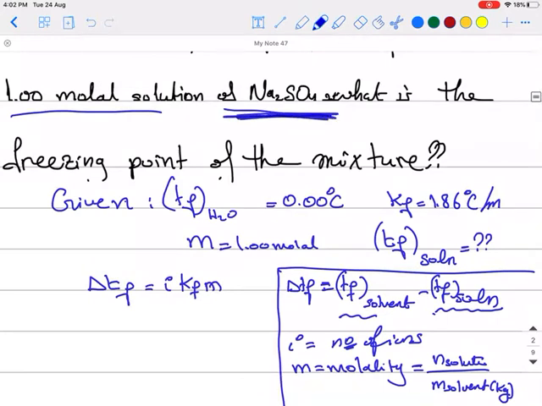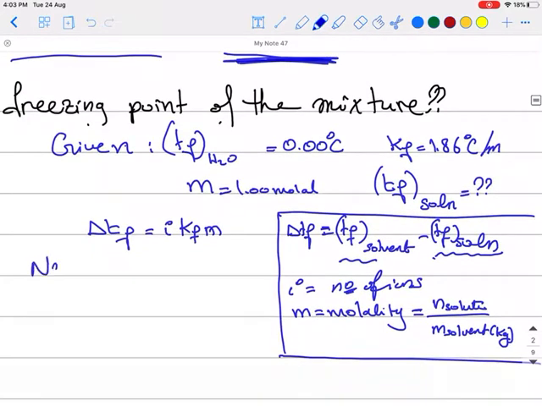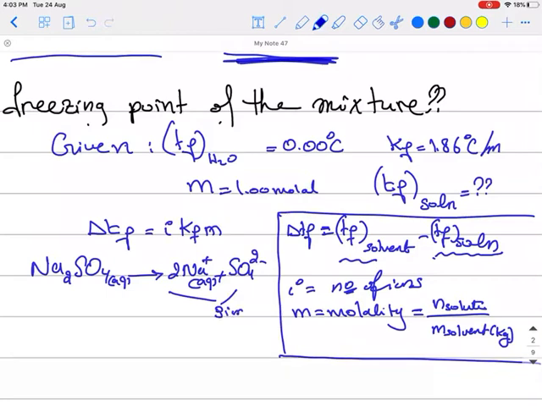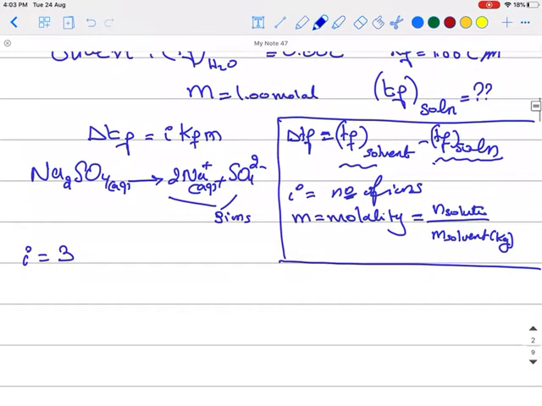The solute I'm dealing with is sodium sulfate, which is an ionic compound. So it dissociates to give 2 Na plus ions plus a sulfate ion, summing up to 3 ions in total, which means i equals 3.